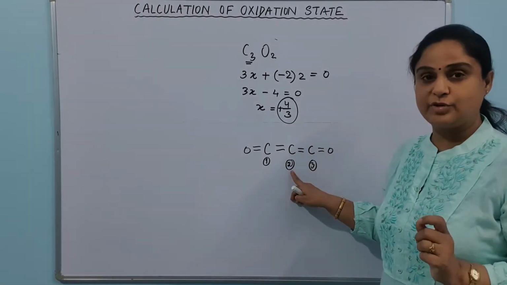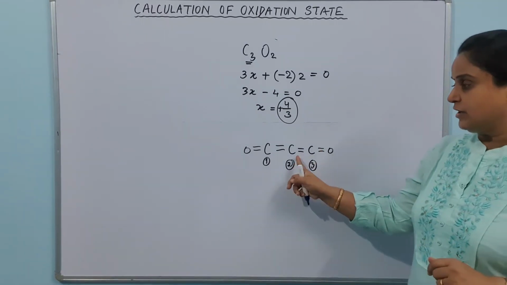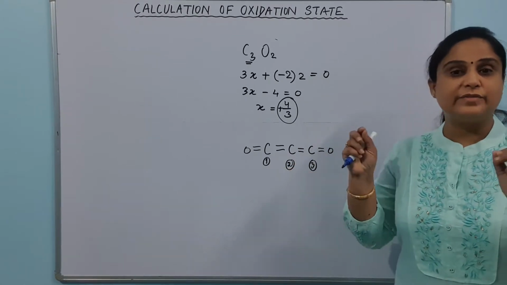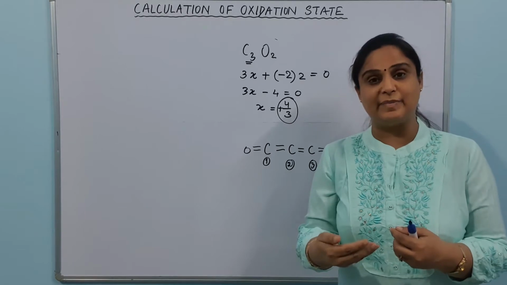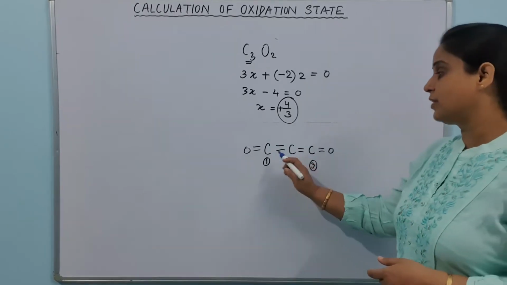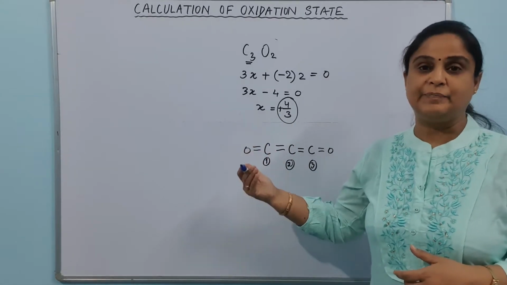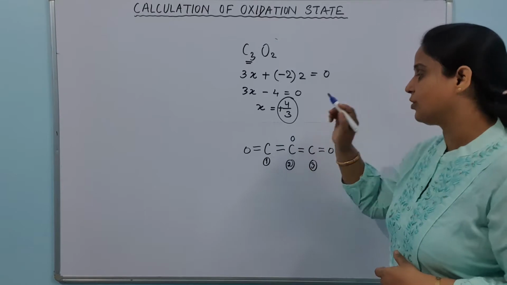If I am taking carbon 2 first, what kind of attachment is it showing? It is showing that both sides are connected with carbon. And already I have told you that whenever any atom is connected with the same kind of atom, it is like their family members. So they are not pulling or pushing the electron towards that atom. So what is happening here? This carbon is actually at 0 oxidation state.